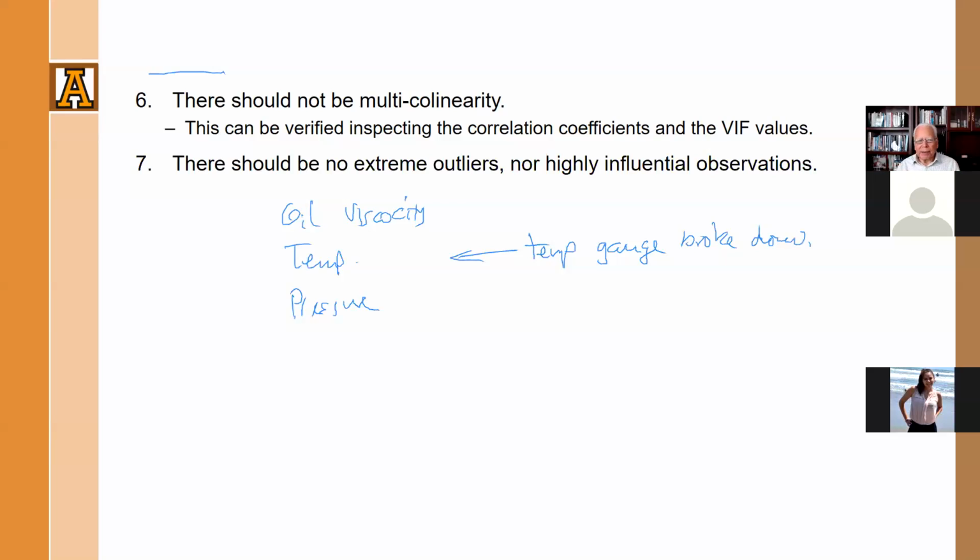Well, then we know that there's a reason for that outlier, and instead of throwing away the observation, we could impute the value of the temperature for that particular observation using something like a nearest neighbors approach, which we'll talk about later.